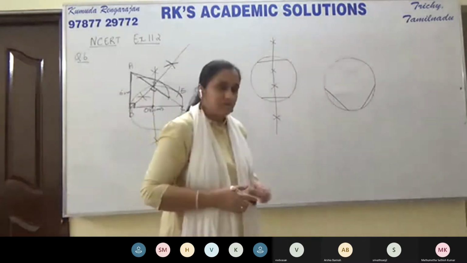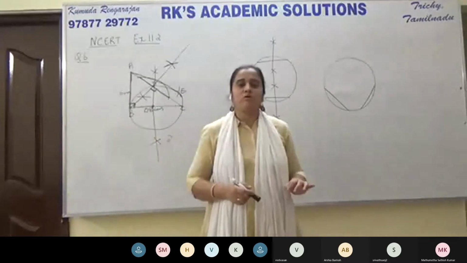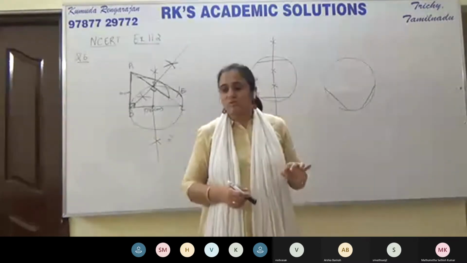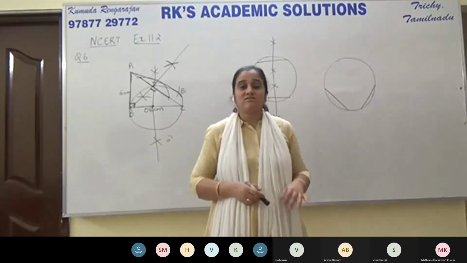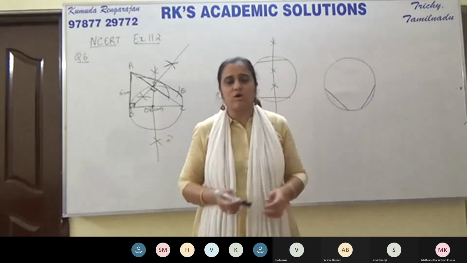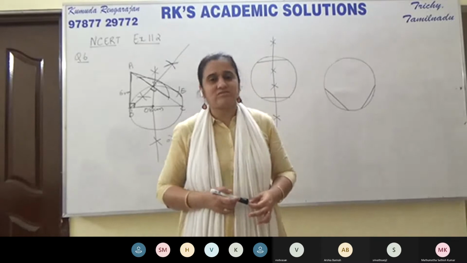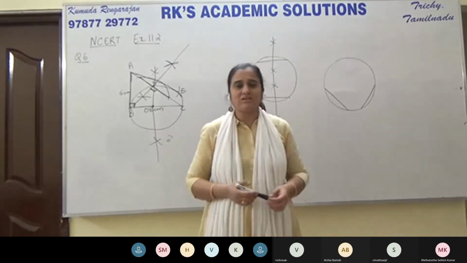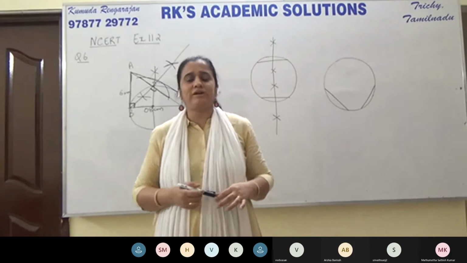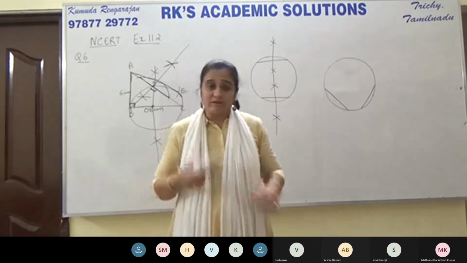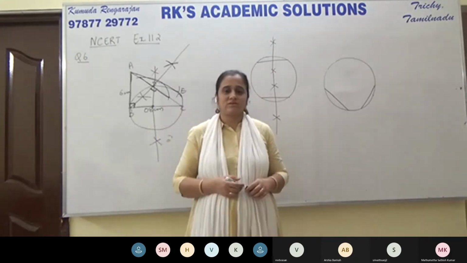These are the steps to be followed when you have to locate the center of the circle. The circle has been drawn using a circular object. You do not know the center of the circle and you do not know the radius of the circle. So what is the method to be adopted to find the center of the circle and its radius?